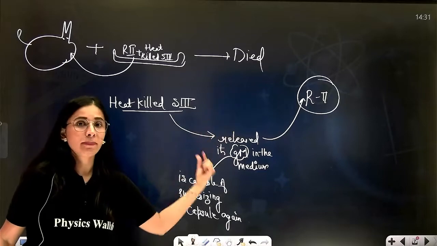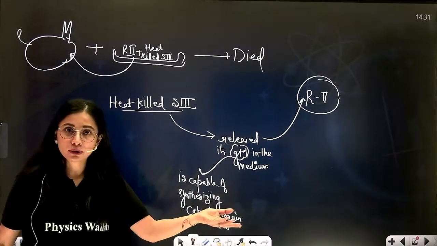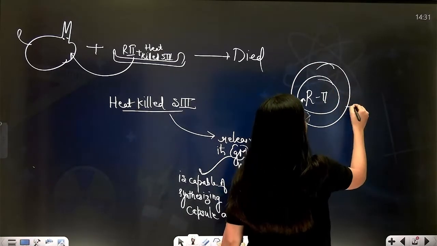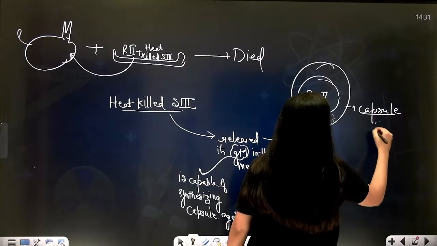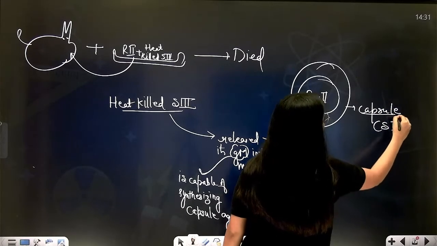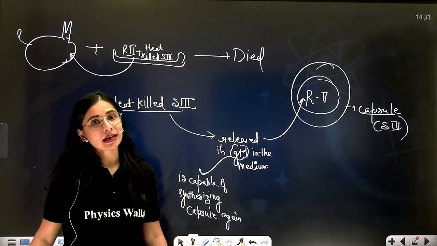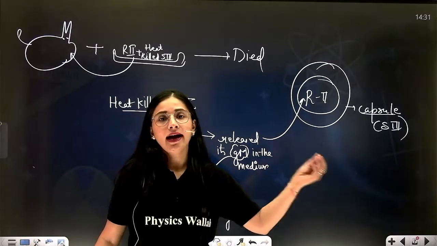Now R2 will pick up the genetic material and it will synthesize the protein. That protein will produce capsule around R2, because of which this R2 will start behaving as S3. As a result, mice will develop the disease and will die.